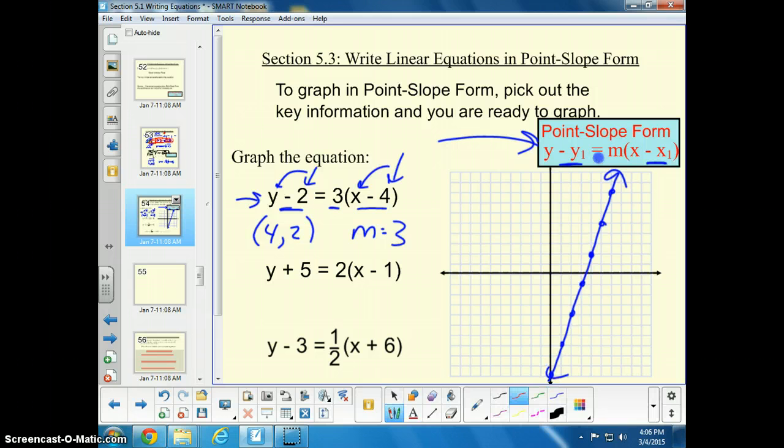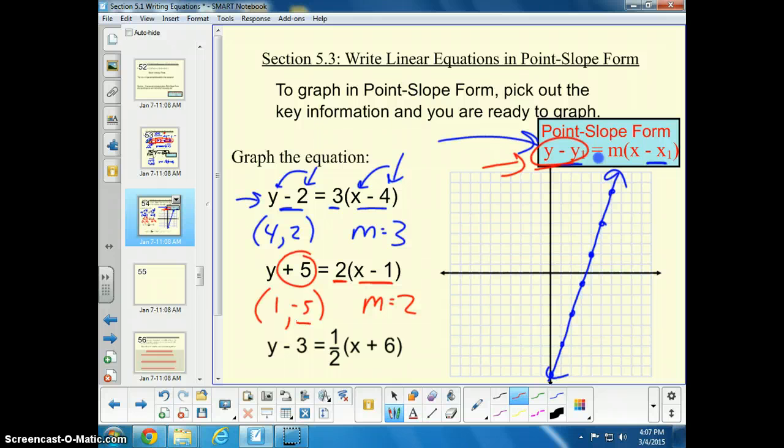Going on to the next one here, I'll just graph them all on this particular grid. Again, my ordered pair and my slope is what I need for point slope form. The slope looks to be 2. The ordered pair, so it's x minus 1, so this should be 1. And x plus 5, again, since this is plus, think about the previous examples we did. That means that actually there was a trick to make that plus, because the formula says that it's supposed to be subtraction.